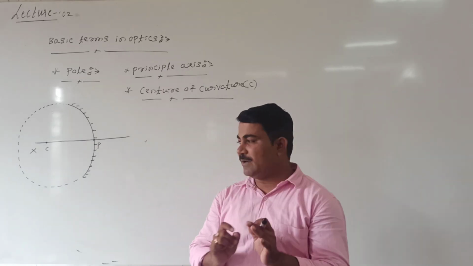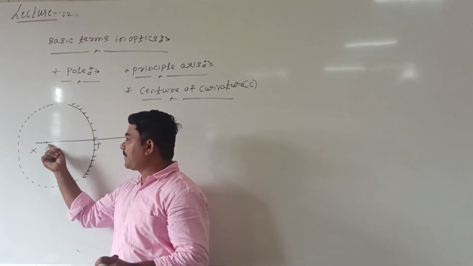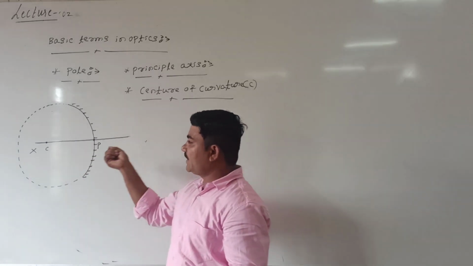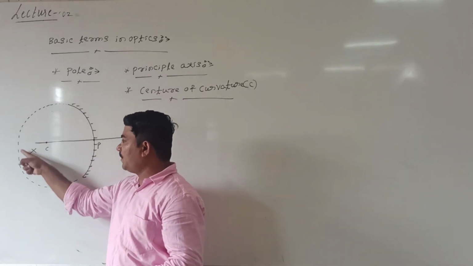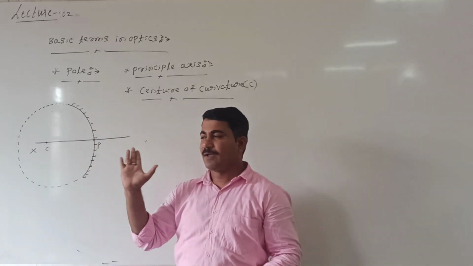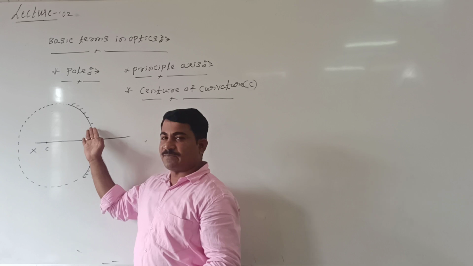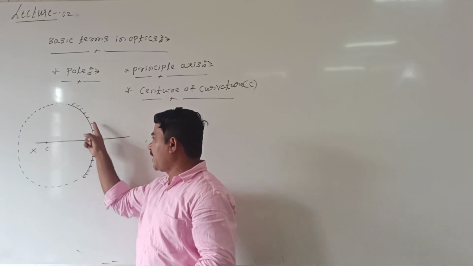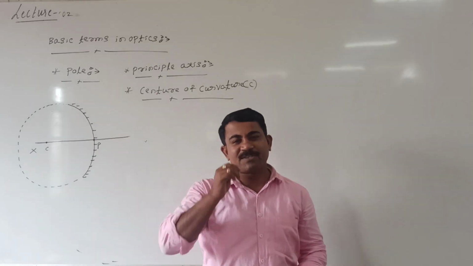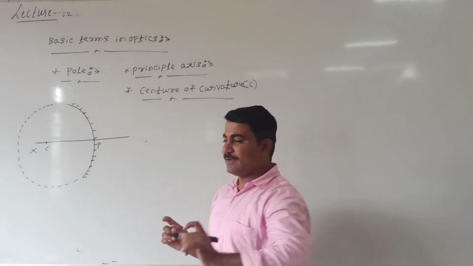Center of curvature means the center of a sphere. Center of curvature is the center of the sphere of which the spherical mirror forms a part. This is a spherical reflecting surface. If I take one part of the spherical reflecting surface, that part becomes a concave mirror. Then what is center of curvature?